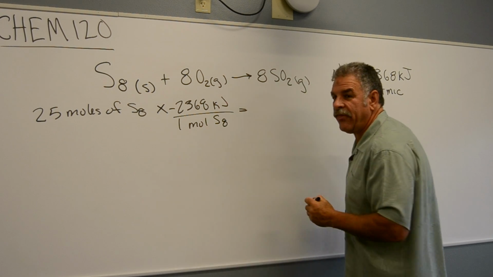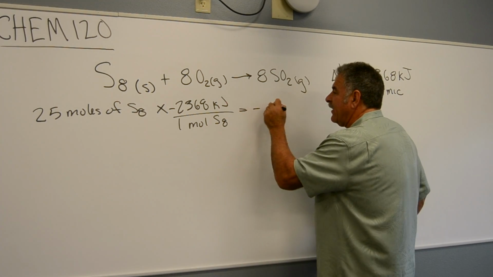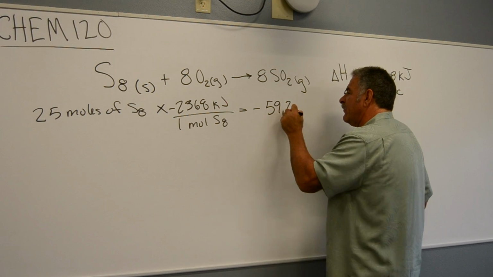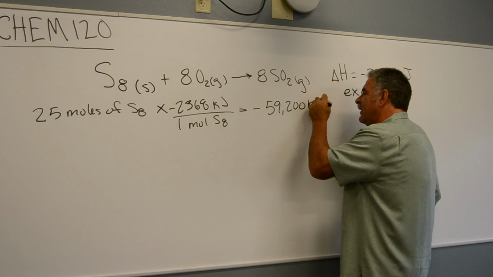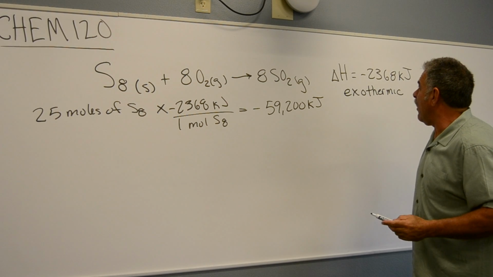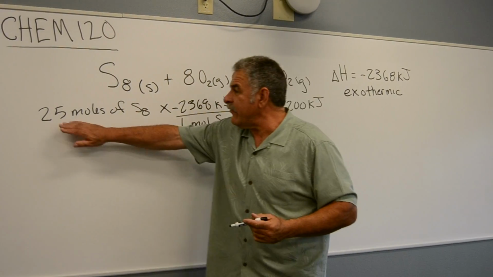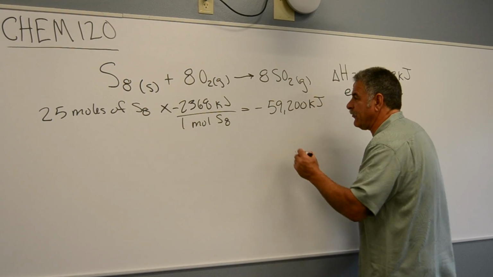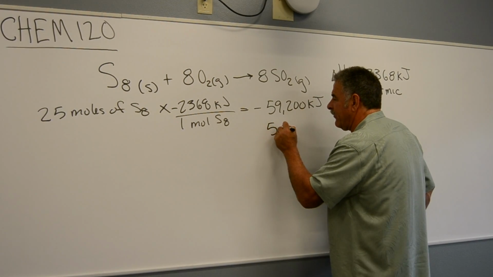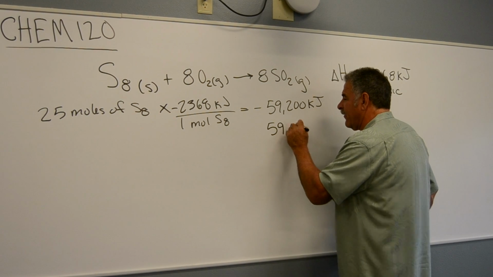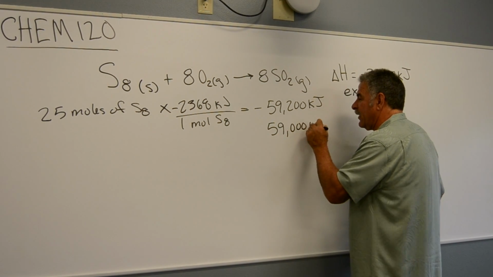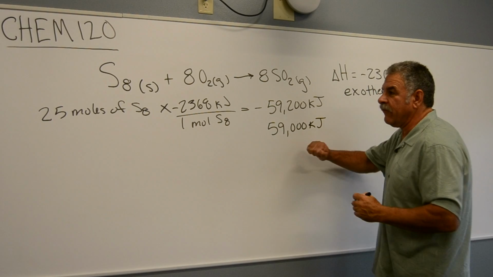You do that math, and you get minus 59,200 kilojoules. Now, we only have 2 significant figures here with the 25 moles. So that becomes 59,000 kilojoules for your final answer.